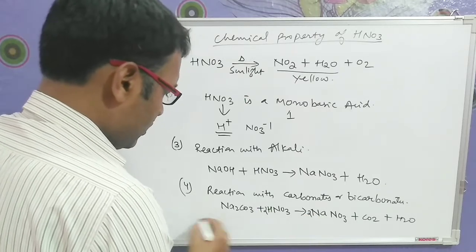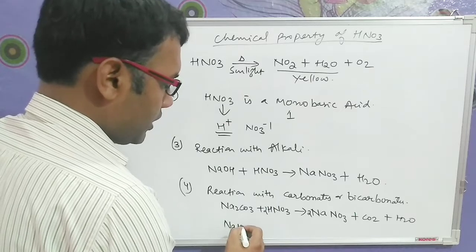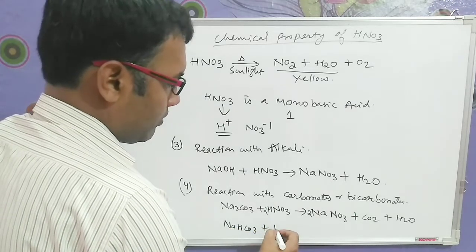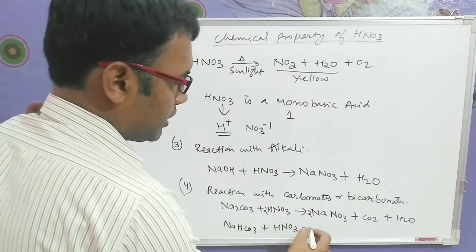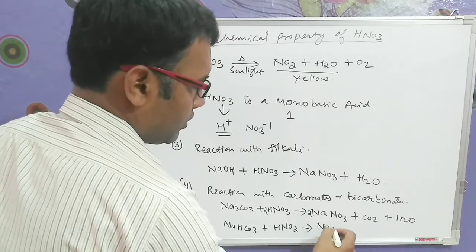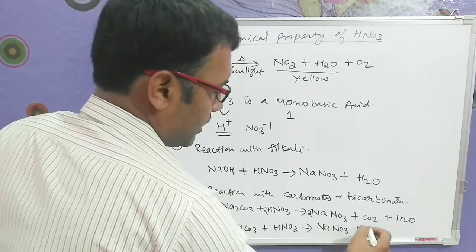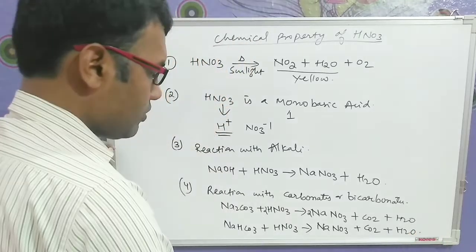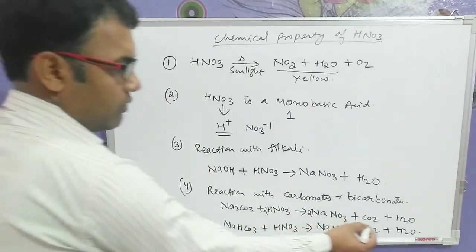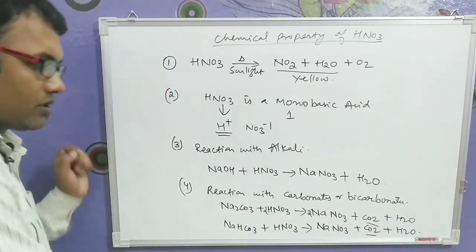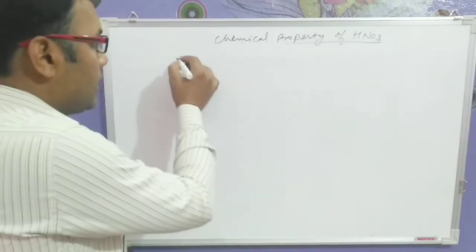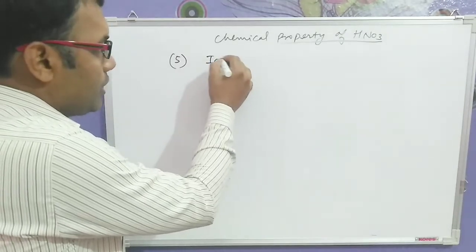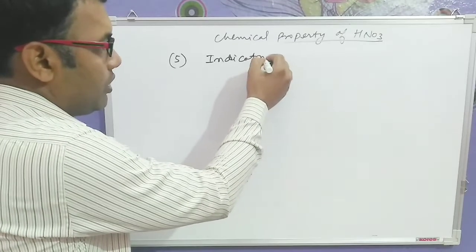Next, if we consider sodium bicarbonate plus nitric acid, here also the same products are formed: sodium nitrate, carbon dioxide and water. As you can see, carbonate always gives you carbon dioxide. The fifth chemical reaction is with indicators.